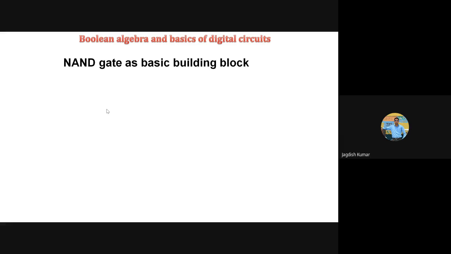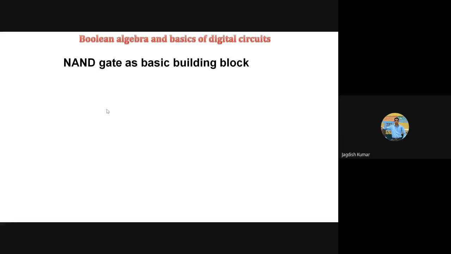Then you should say yes, you can. Whereas with the AND gate, NOT gate, and OR gate, you need 3 different types of ICs or IC circuits. Even if a single one is missing, you may not be in a position to get certain digital logics.